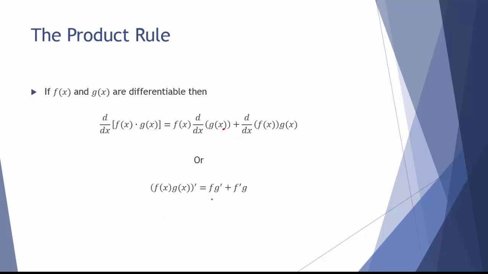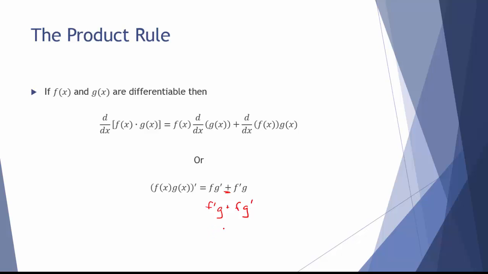The good news is, in some ways, the order of this doesn't matter. Because this contains addition, and remember, addition is commutative, I could just as easily write this as f prime g plus f g prime. It means the same thing. Also, these are each individually products, and multiplication is commutative as well.